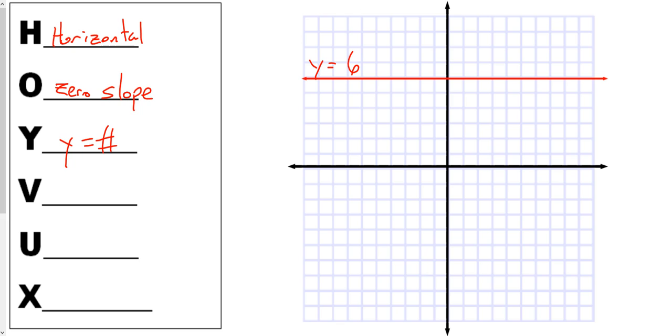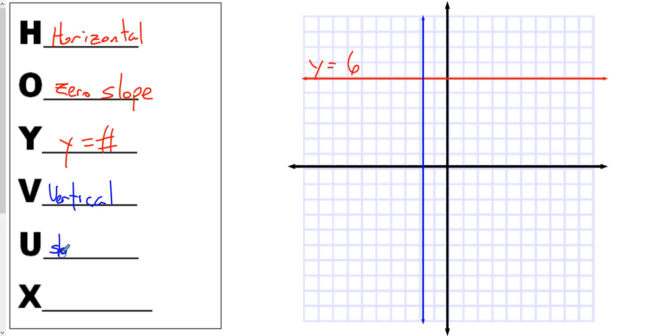The Vux, the V, stands for vertical line. So I'm going to graph that vertical line there real quick. So V stands for vertical. The U, my rise is any number, but my run is 0. And if I take a number divided by 0, I get an undefined answer.